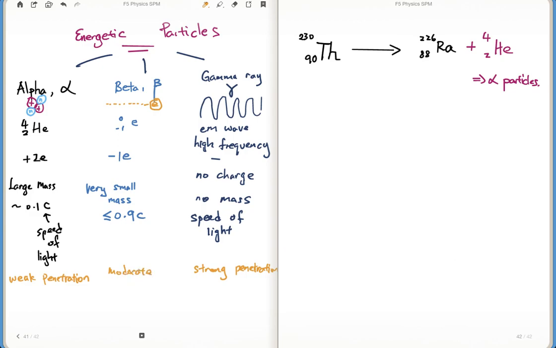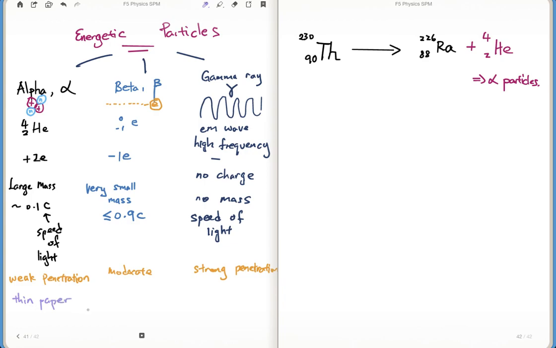In order to stop beta, you need a piece of aluminum, because it's metallic, you're able to stop it. So what do you do to stop an alpha, because of weak penetration? You can stop it with a thin piece of paper.